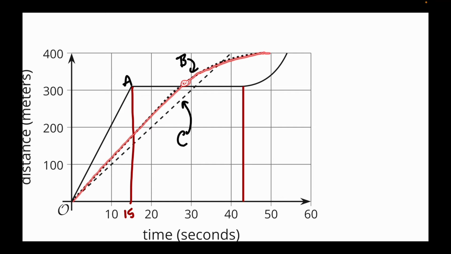And so it's curving towards becoming flat, which means this person is slowing down. So we're going to compare them to the other people. This person is running slower than runner A, but faster than runner C because their graph is here in the middle.